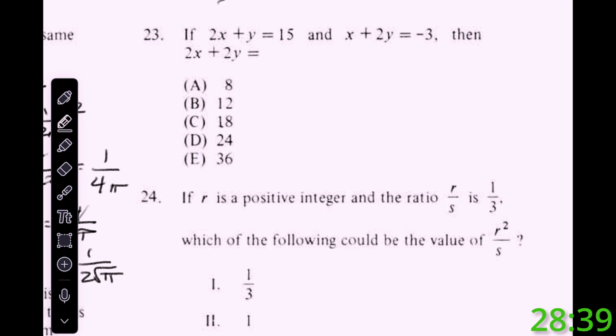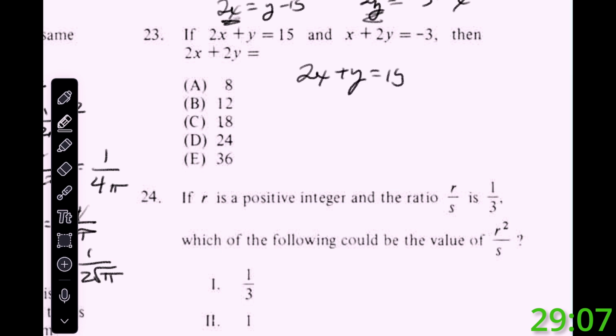I could say that 2x equals 15 minus y, and that 2y equals minus 3 minus x. That's not going to help, is it? If I then add 2x and 2y in those cases, it doesn't help. Okay, so let's just solve these equations. I'm going to write this first equation down again. 2x plus y equals 15.